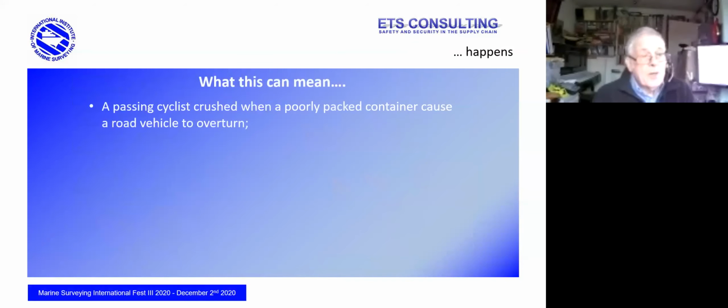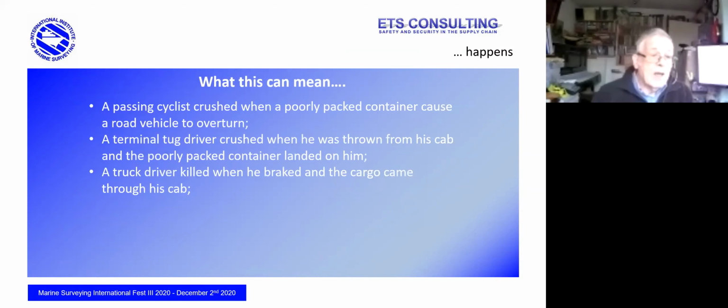And as an independent safety consultant, I have looked at a number of incidents, and these again are real incidents where a cyclist was crushed by a poorly packed container when the road vehicle overturned. They were just cycling along, the truck went past, it actually tripped up on the curb, bounced, and then fell on the cyclist as they were driving past.